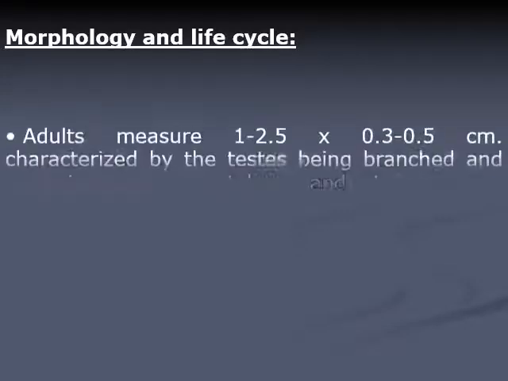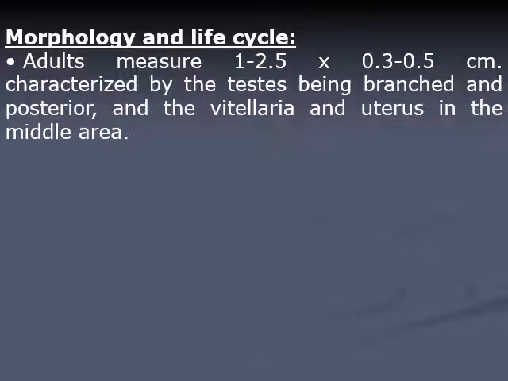بالنسبة للمورفولوجي واللايف سايكل بتاعتها احنا خدنا فكرة قبل كده بس برضو نركز عليها تاني. The adult measures about 1 to 2.5 by 0.3 to 0.5 centimeter, which means that it is of moderate size.